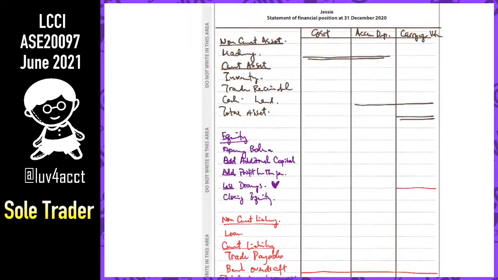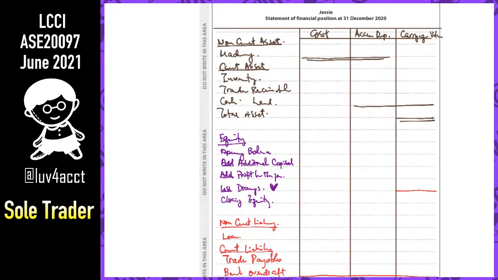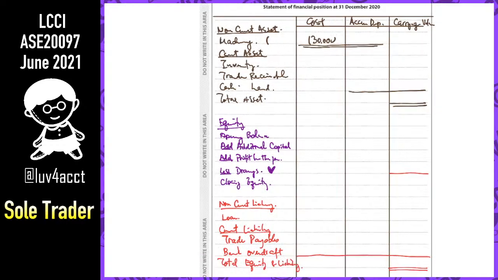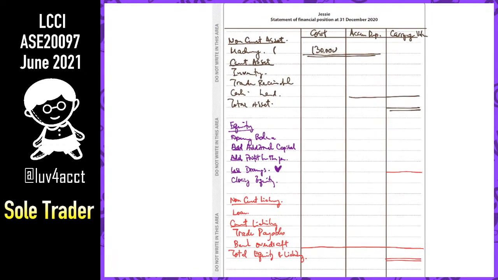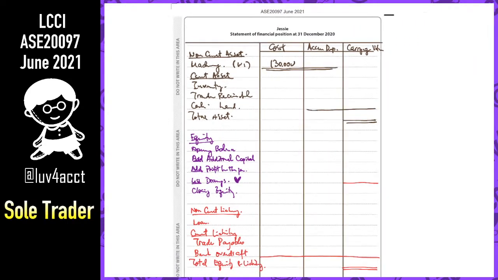So let us fill in all the information that we need. Machinery, the cost is 130,000. So workings. Where is our working one? Then we make this our working one. Machinery, the depreciation for this year, working one.